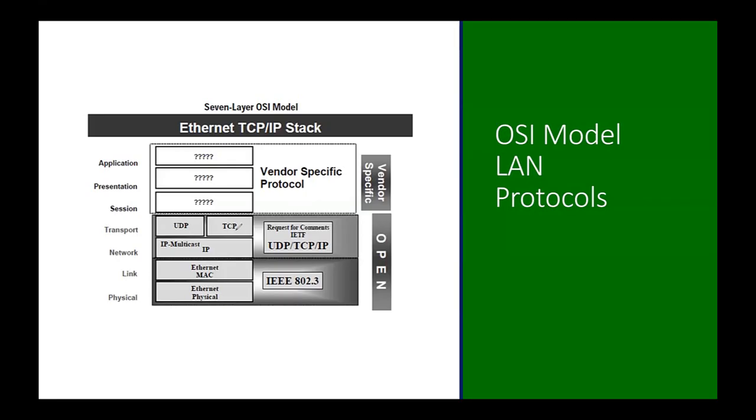Usually the lower 3 levels are related to hardware. The top 4 are related to software. You need to know what TCP is, what IP is, what UDP is, what Ethernet is, what Wi-Fi is. These are things you need to learn.